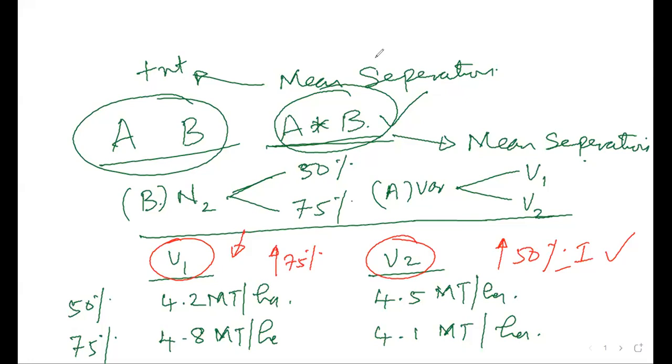If you recommend the same dosage of nitrogen to all varieties, that means there's no interaction between nitrogen and variety. If you give different recommendations to different varieties, then that is called interaction, basically. Right? That is called interaction.